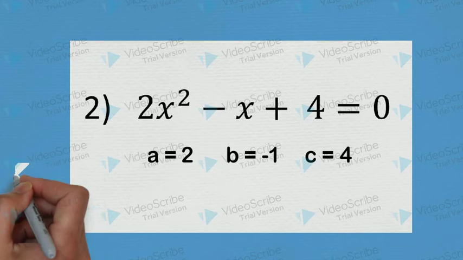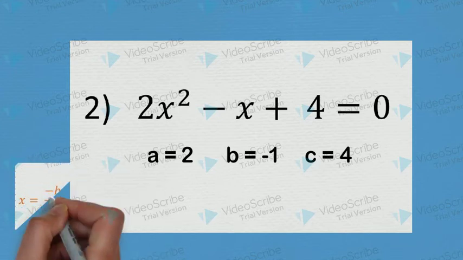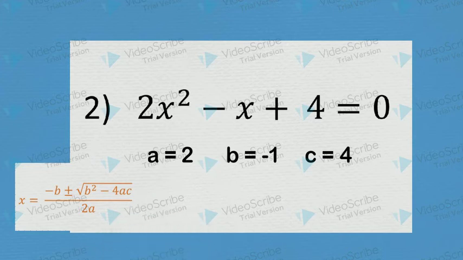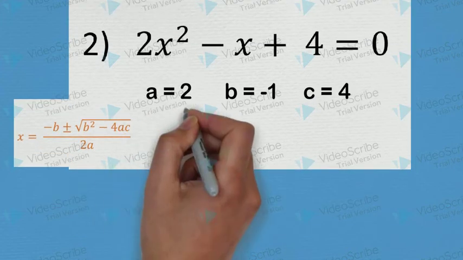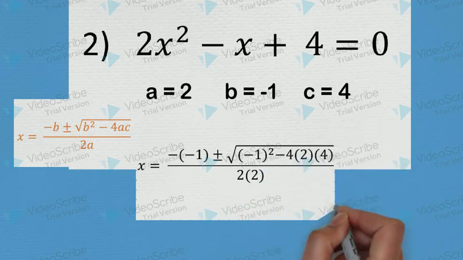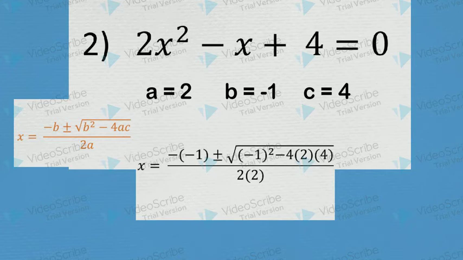Take your time. You should have gotten x equals negative times negative 1 plus or minus the square root of negative 1 squared minus 4 times 2 times 4 all over 2 times 2.